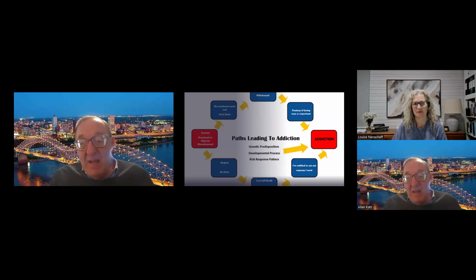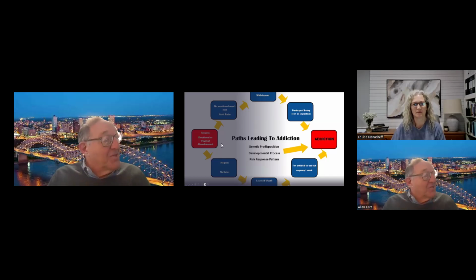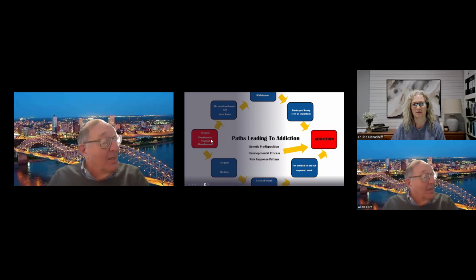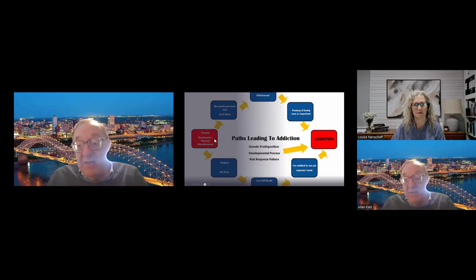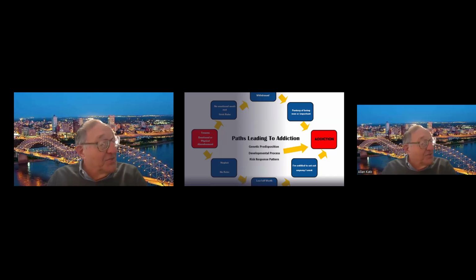All right. So this is my two paths leading to addiction. We start over here on the left with trauma: emotional or physical abandonment, any kind of sexual trauma, abuse, things like that. There are two ways to go.